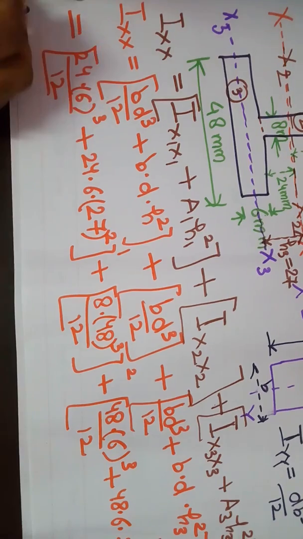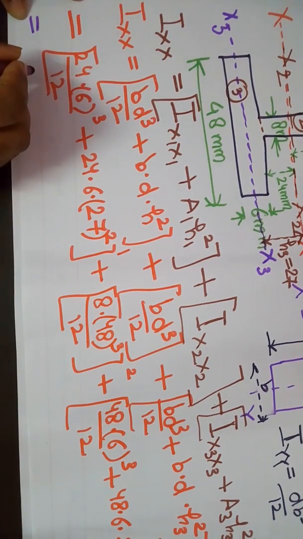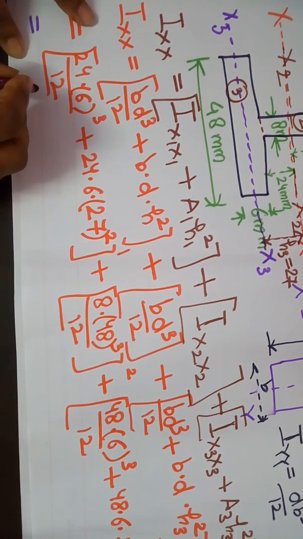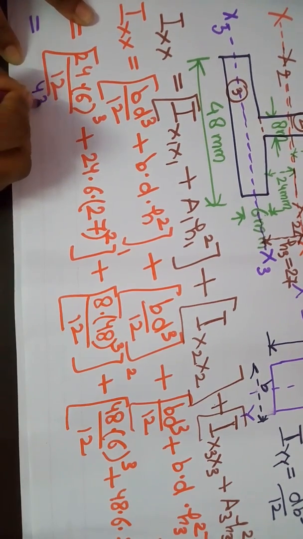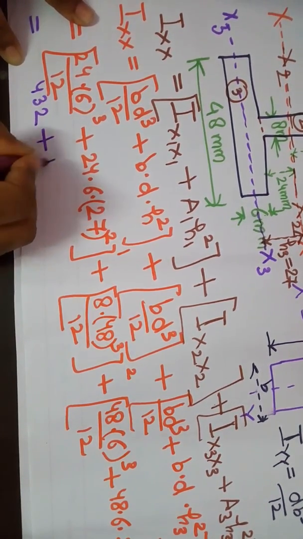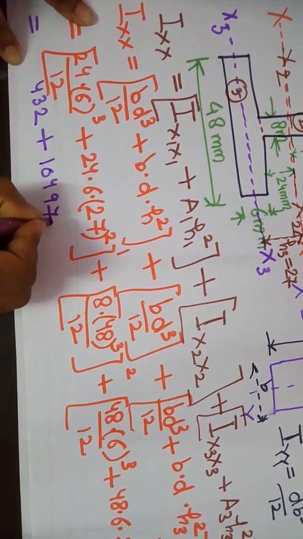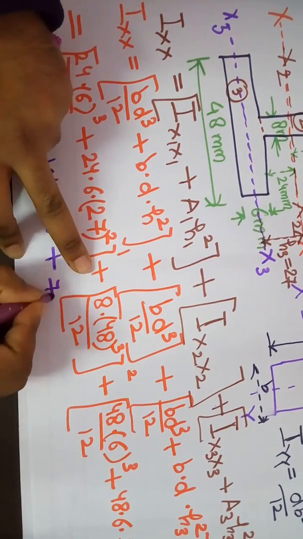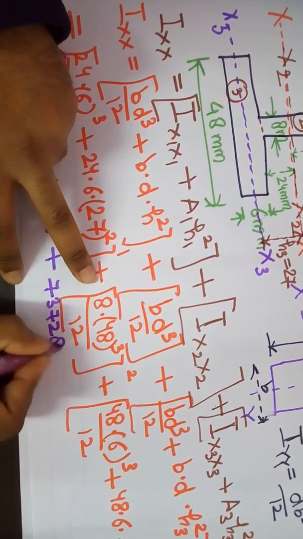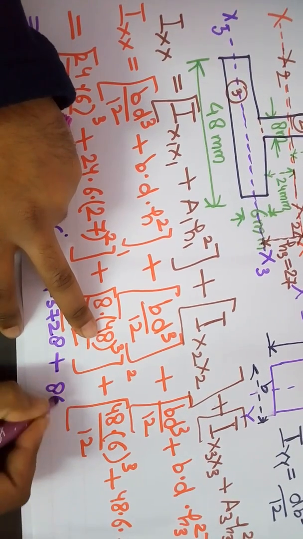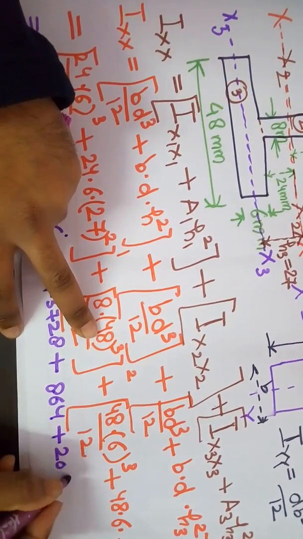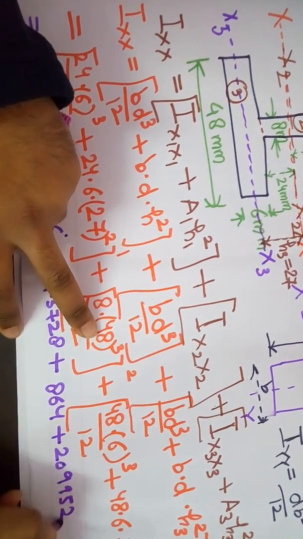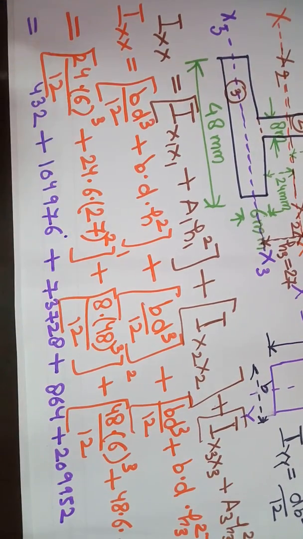This one we are getting as 432, this one as 432, and this value as 104976 after calculations, plus 73728, plus 864, plus 209952. After adding these, we get the complete value.